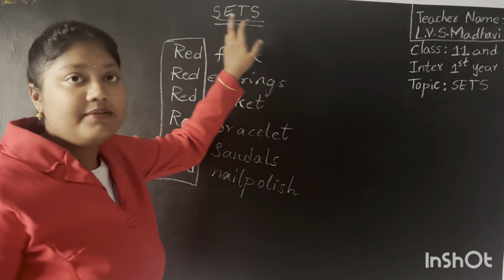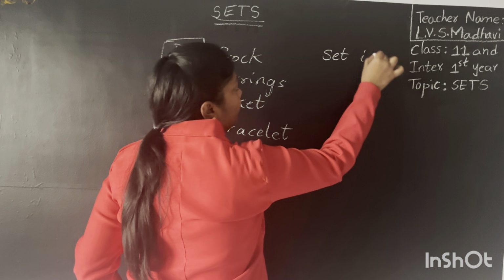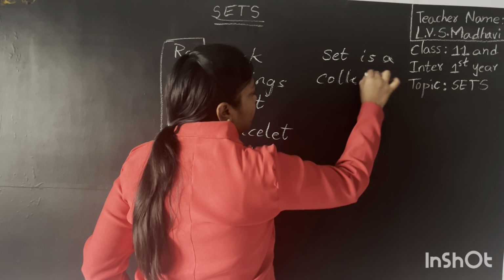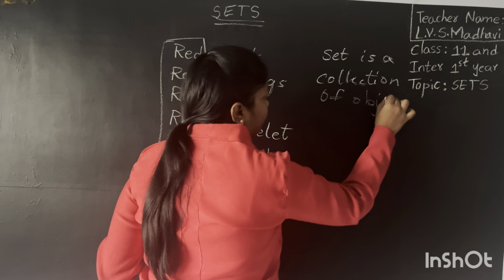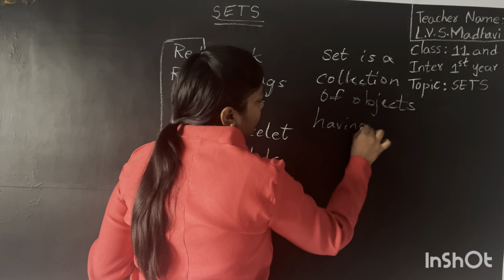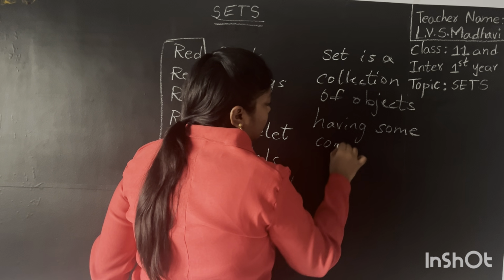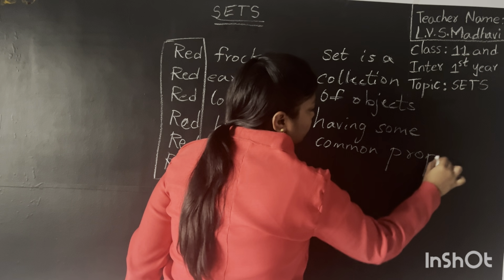A set can be defined in a simpler way: a set is a collection of objects having some common property.